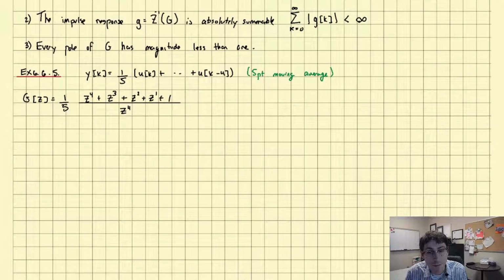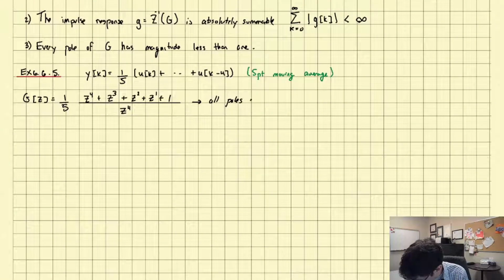Look at its eigenvalues, or its poles, right? The poles are all at z equal to 0. All poles inside the unit disk implies BIBO stable.